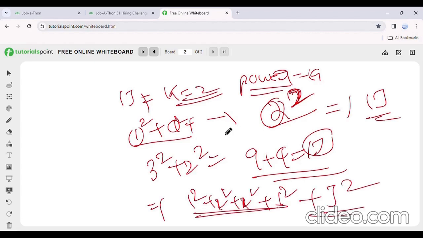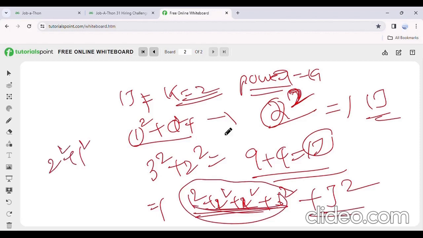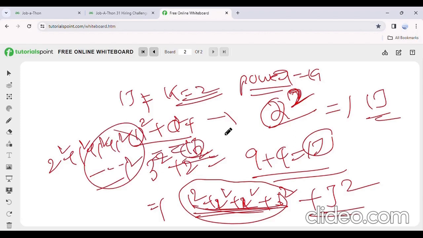Or we can write 2 square plus 1 square plus 1 square plus 1 square, like that nine times. We have to make exactly 13 coins, the power should be k, and the base we can vary to any number.